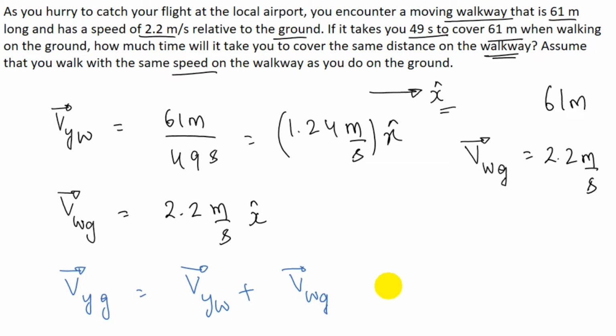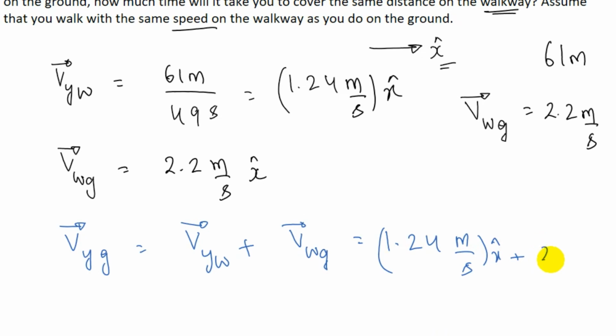Now we have 1.24 meters per second x cap plus 2.2 meters per second x cap. So this will be equal to 3.44 meters per second x cap.